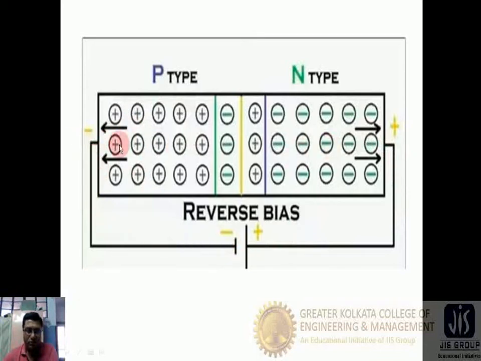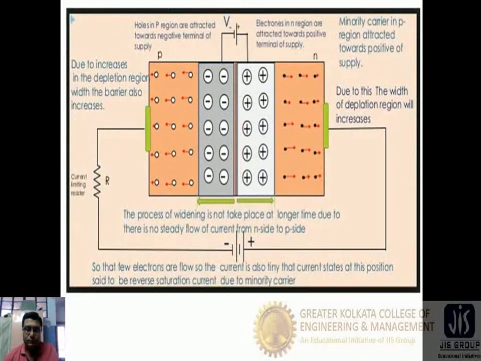So there is no flow of current. We'll take another example. In the N side the electrons are pulled, and in the P side the holes are attracted towards the negative terminal of the battery.